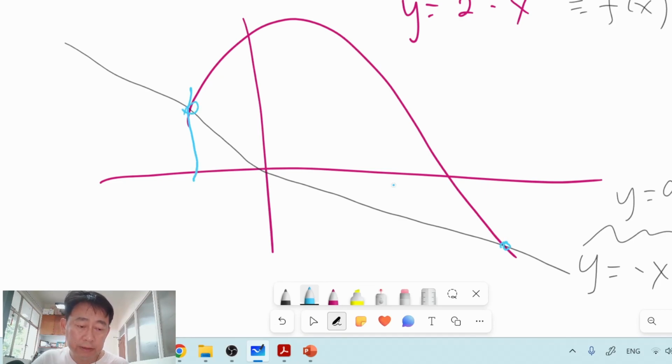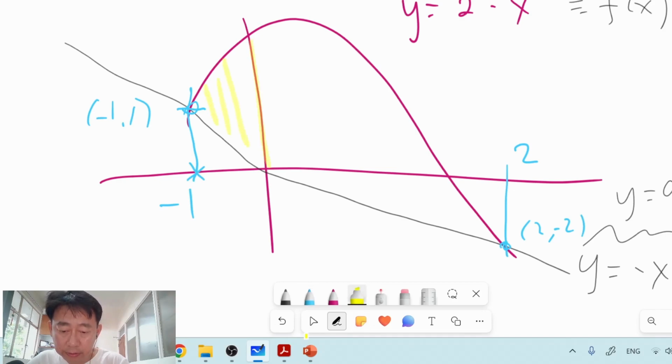If you solve for the intersections, you find that the coordinate of the intersection between f and g is x equals minus 1 here, whereas here it is x equals 2. The intersection here is at minus 1, and here the intersection is at 2, minus 2.